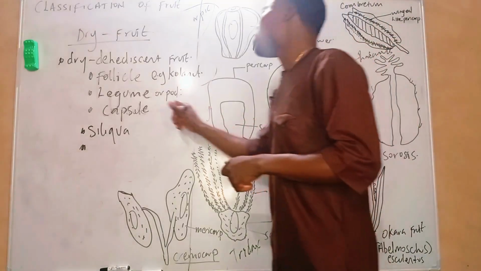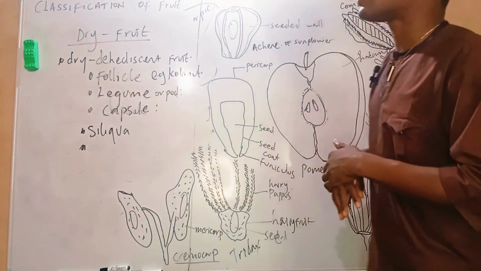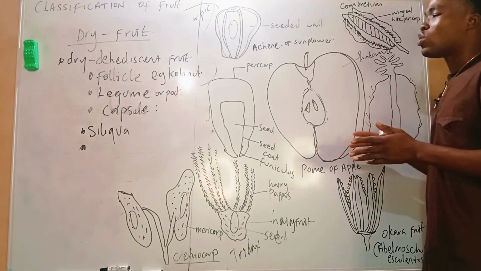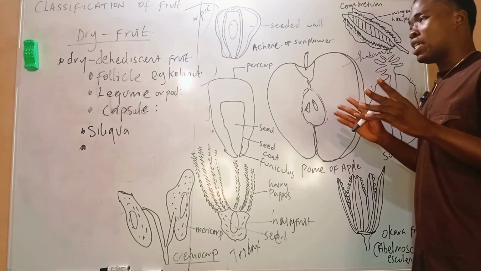Now, capsule. What's a capsule? A capsule is a dry dehiscent fruit that splits along two, three or more parts.